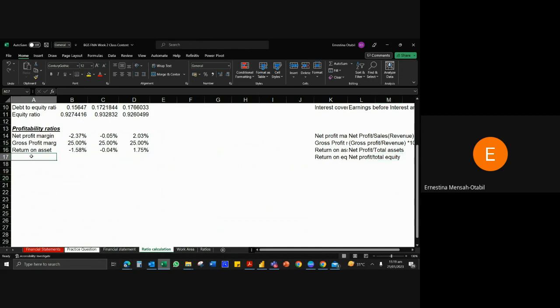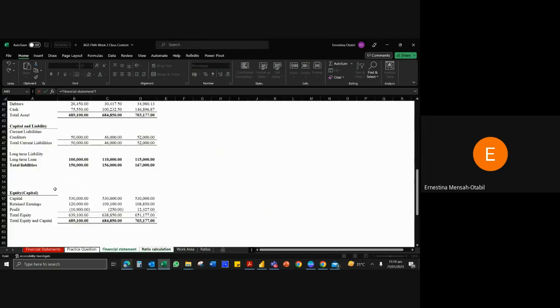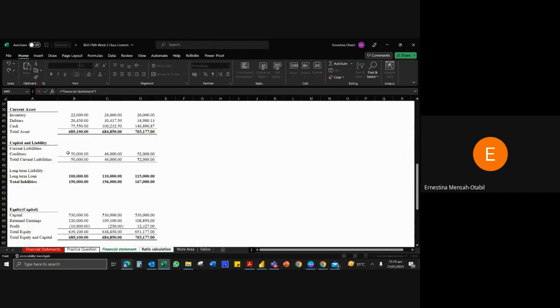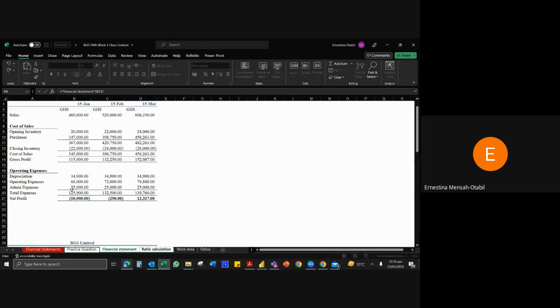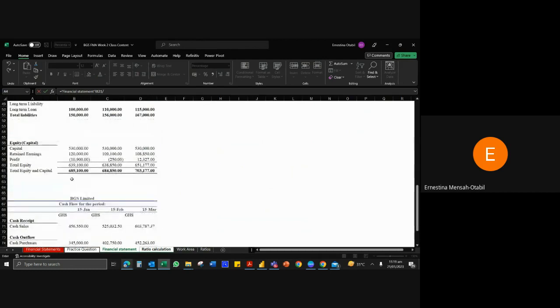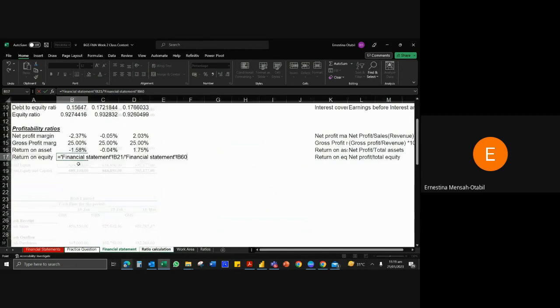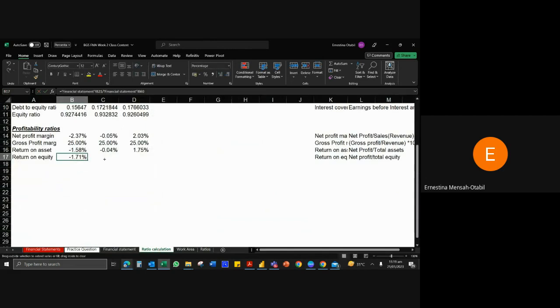So let's calculate the return on equity. It is equal to net profits over the total equity. Then you drag. This shows that the return on equity ratio is very low.